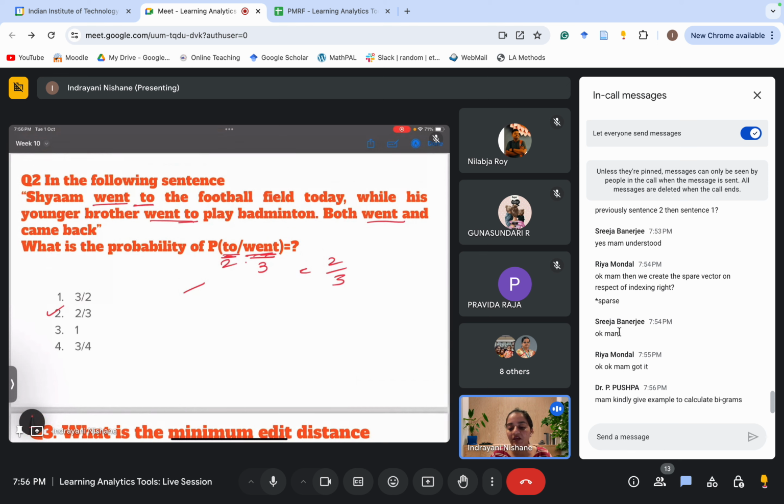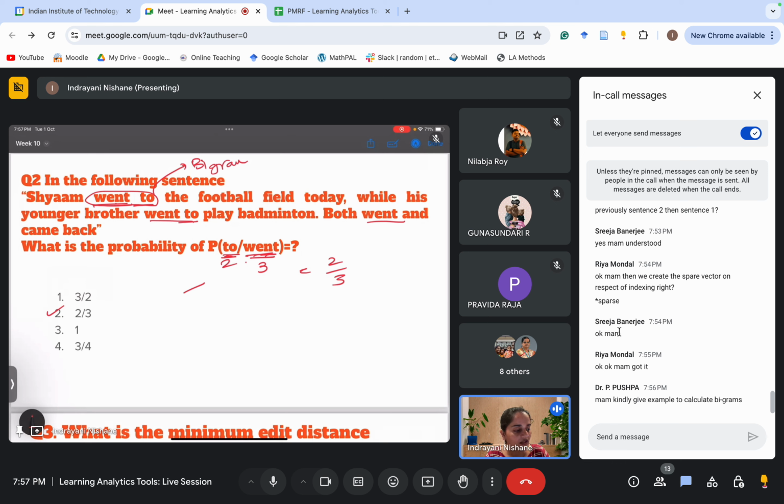Bigram is when we want to consider the frequency or probability of one word, then we are considering two words, the previous word as well. So "went to": when we want to calculate the probability of the word "to", we will also consider the previous word, which is "went". If we are considering these two words together, it becomes a bigram.